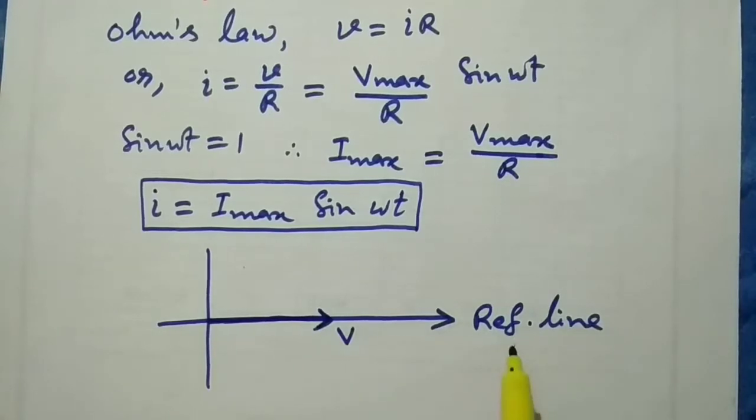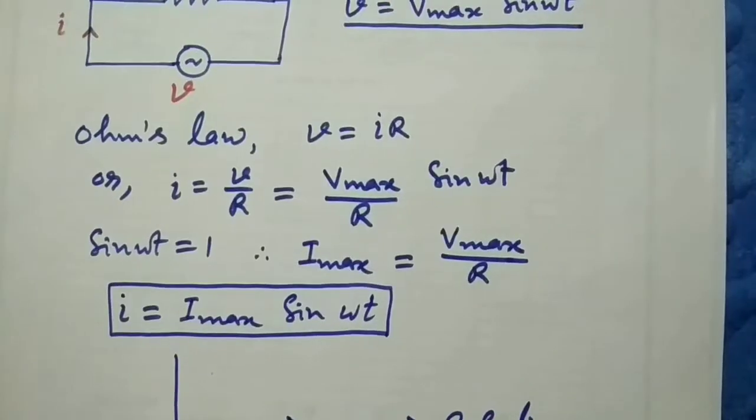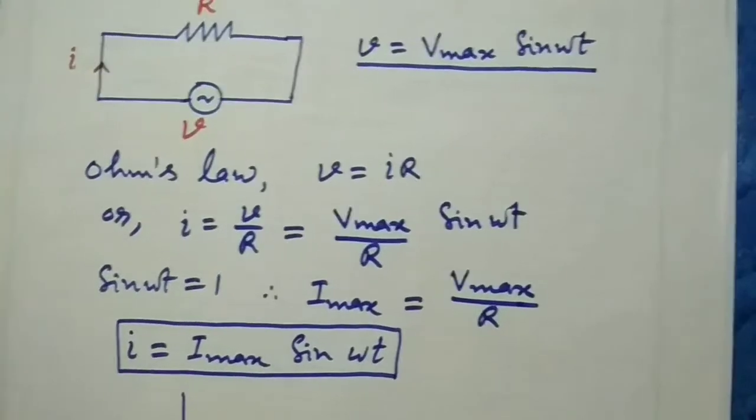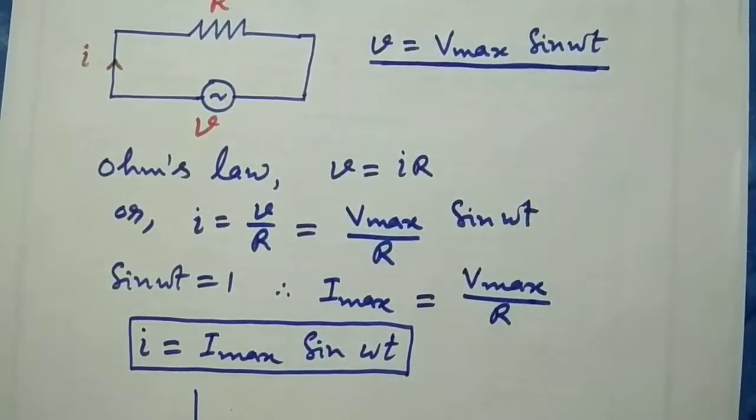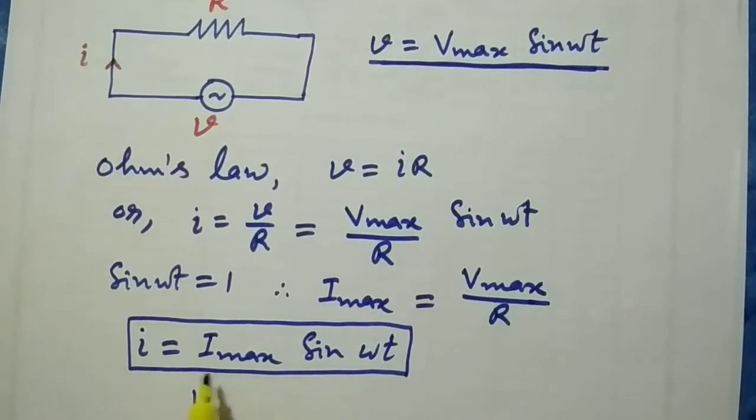It will be along the reference line because here the supply voltage is V max sin omega t. And the corresponding current is also I equal to I max sin omega t. Therefore, the current will also be along the reference line.